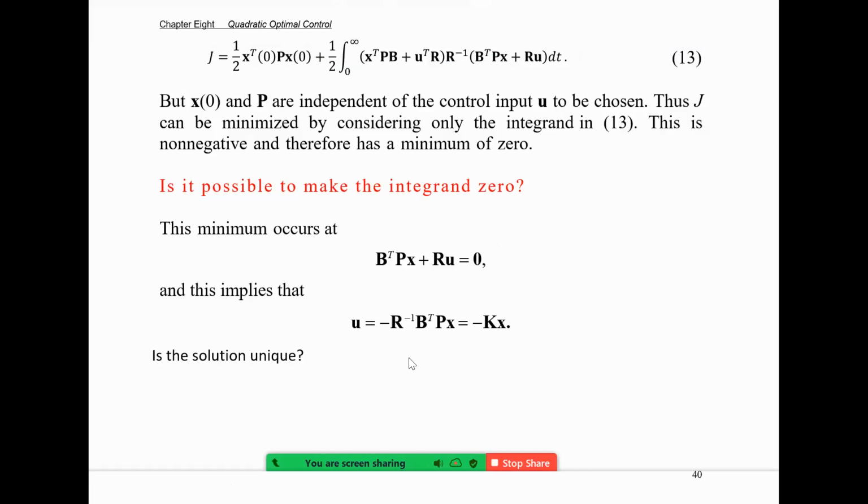Then when we ask, is the solution unique, it means, is there any other possible way to make this integral to be 0?